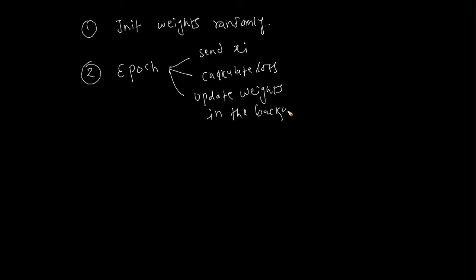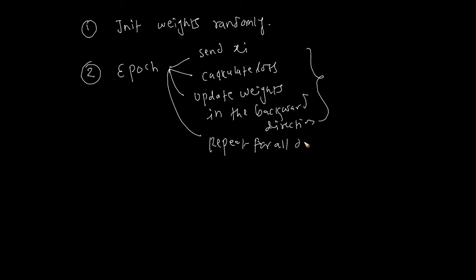Backward direction means starting from the last layer to the first layer, and then repeat these steps for all data points. So this is one epoch.